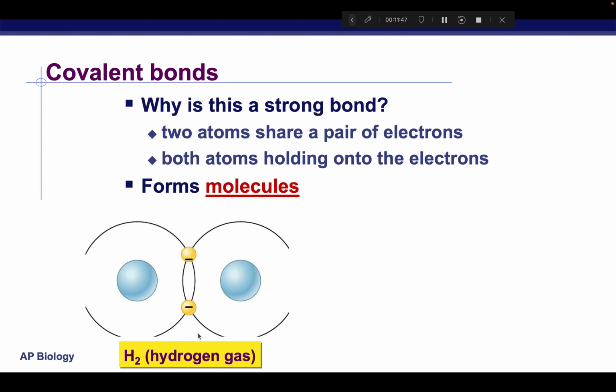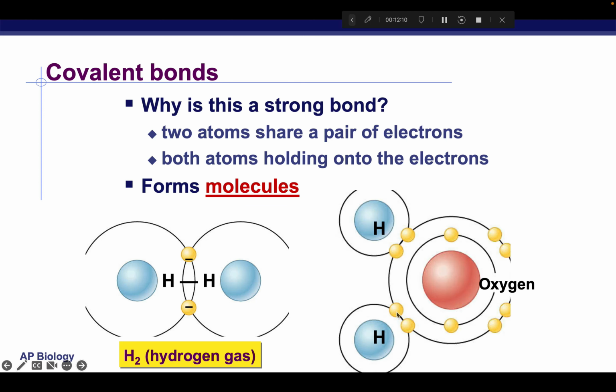So for example, here's hydrogen gas. Remember, hydrogen and helium are both most energetically stable when they have two valence electrons. And so by each of these hydrogen atoms, which normally have one valence electron, sharing with the other one, they can form a covalent bond in which they're stable, having two. Here we have a water molecule of one oxygen and two hydrogen atoms.